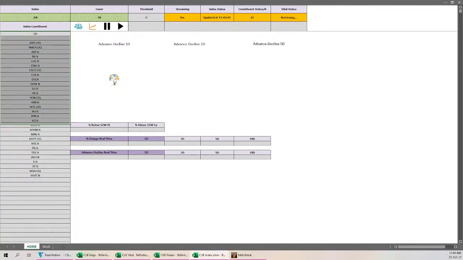Q index got the constituent stocks, 31 constituent stocks. Now it is retrieving data from Refinitiv and calculating the scorecard.